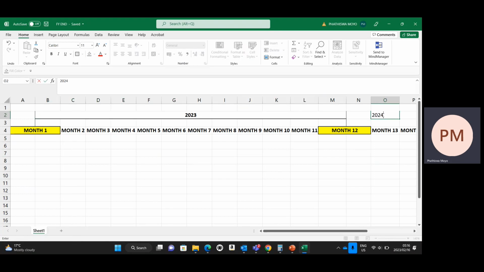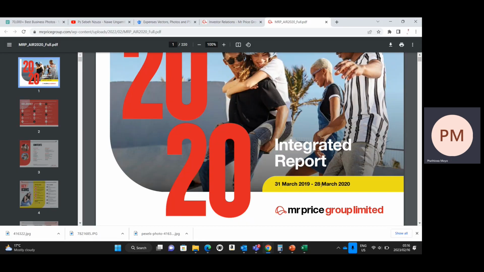That one is 2024. So month 1 to month 12, 2023. This is our reporting period. And then let's go back to my favorite shop, Mr Price. Let's assume this is their financial year end.